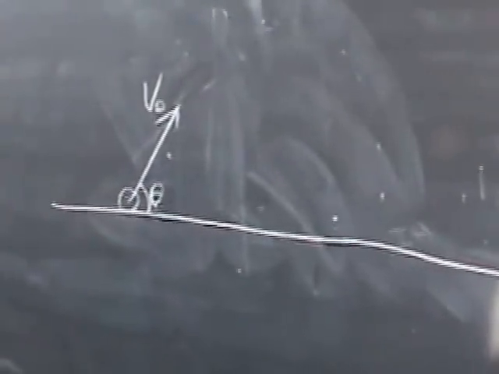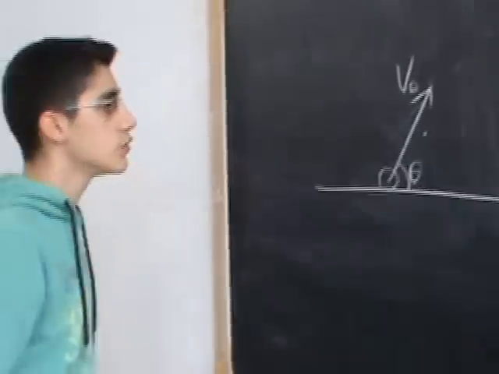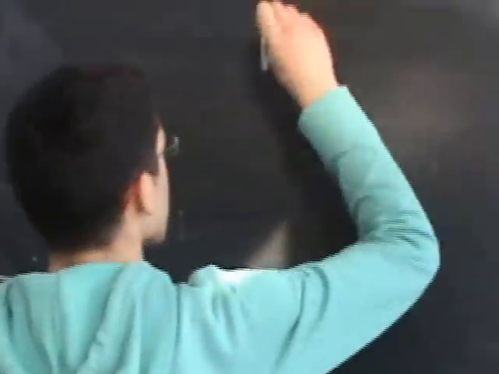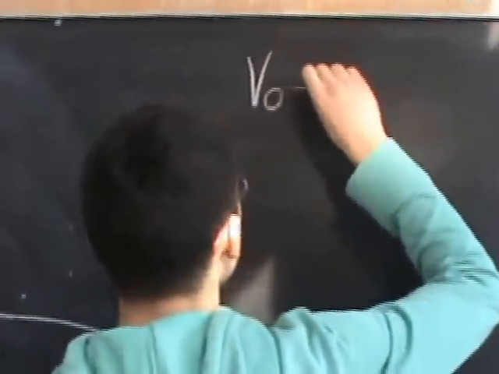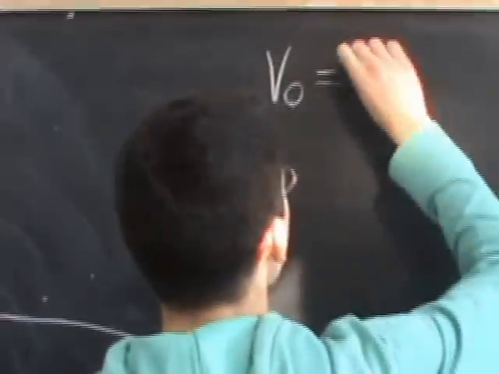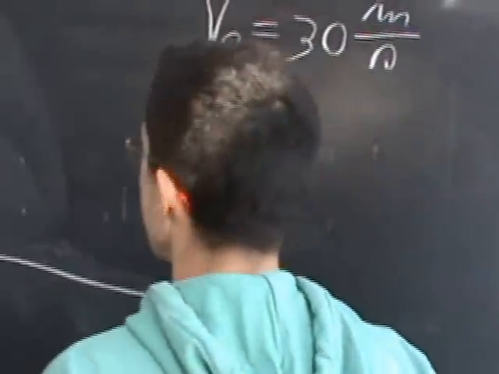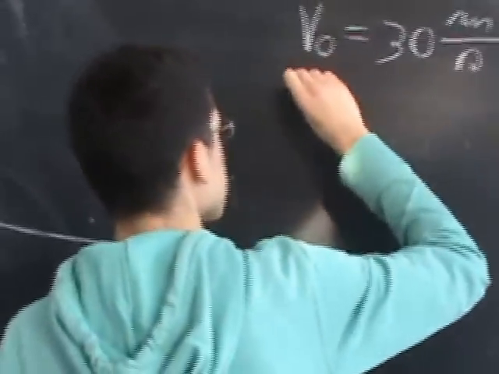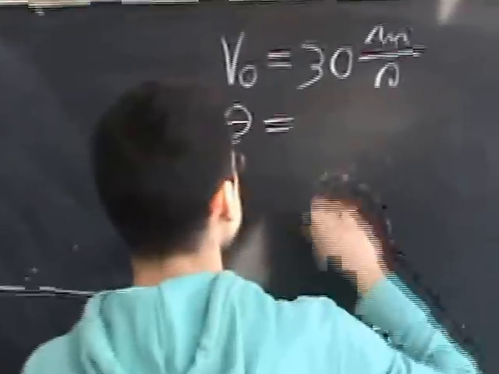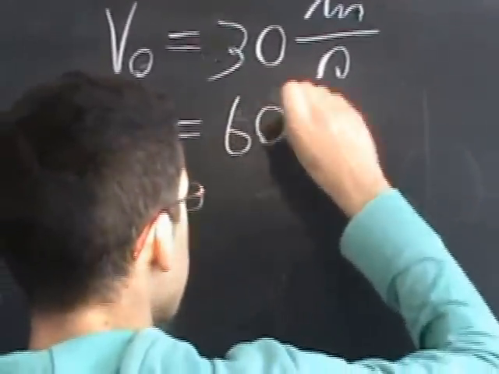For example, we could assume that v sub 0 is equal to 30 meters per second and theta is, for example, 60 degrees.